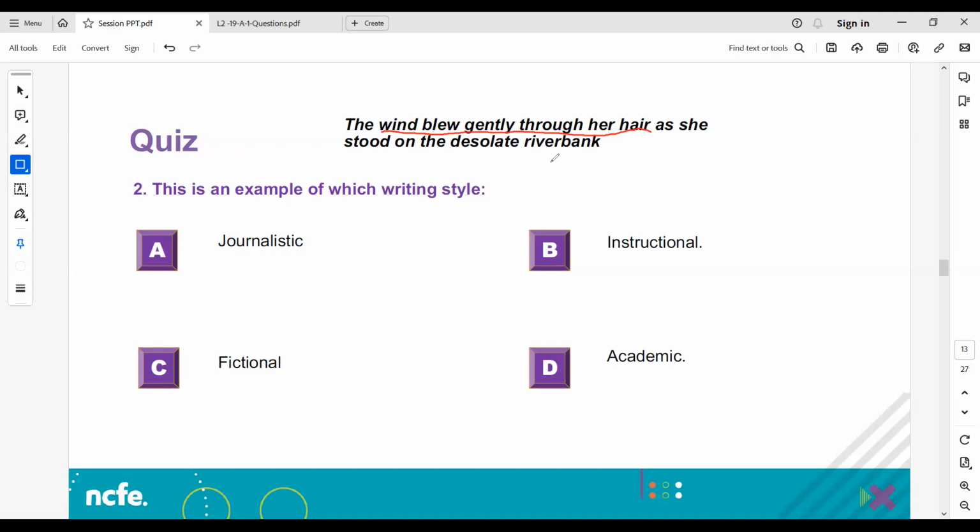A woman stood on the riverbank watching the rescue. But they wouldn't add in a description of the woman's hair blowing in the wind. That additional description is a feature of fictional text. So the wind blowing gently through her hair, you wouldn't see that in a news report.